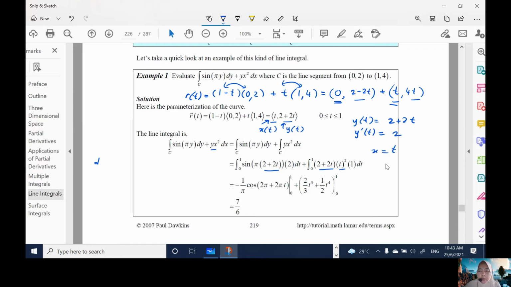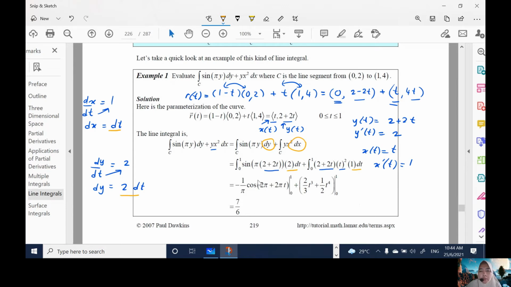For x, we have t, so the first derivative dx/dt is equal to 1, which means dx is dt. So this dy we replace with 2 dt, and this dx we replace with dt. The changes are shown here.